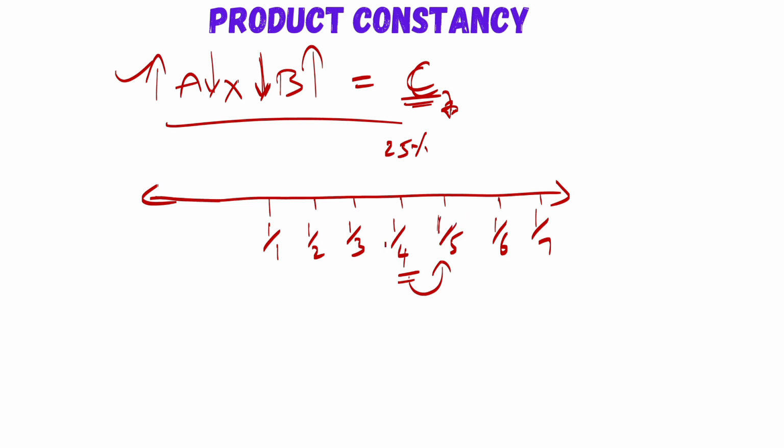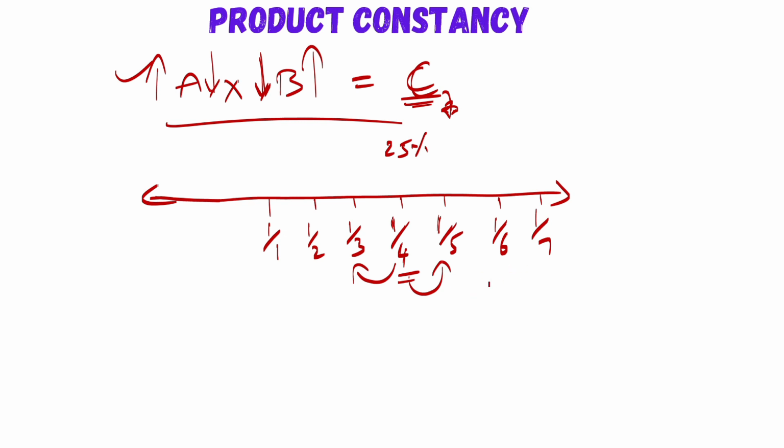So if A is increased by 1 by 4, that means 25%, B must be decreased by 1/5, which is 20%. Let's say A is decreased by 1/4 in a case, then how much must B be increased? Then you must move one step backwards. So B must be increased by 1/3, which is 33.33% when we express that in percentage.